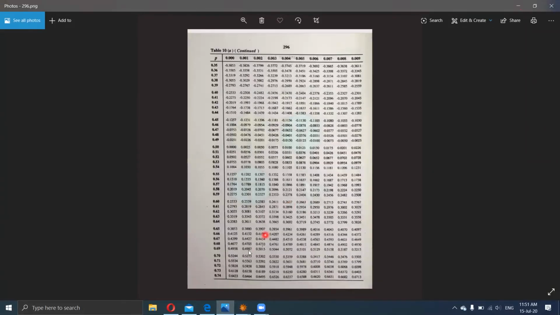Yes, third last line. The answer is 0.5828.